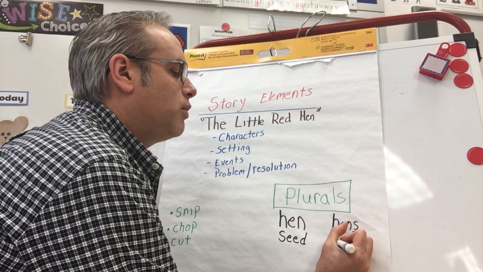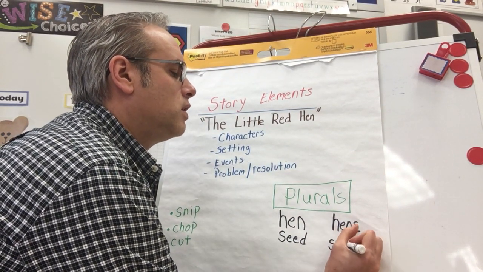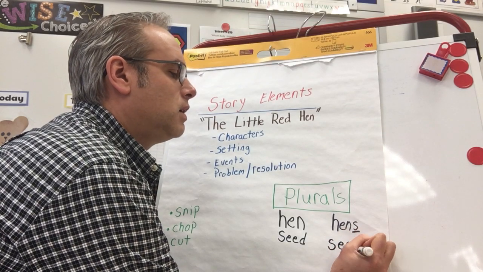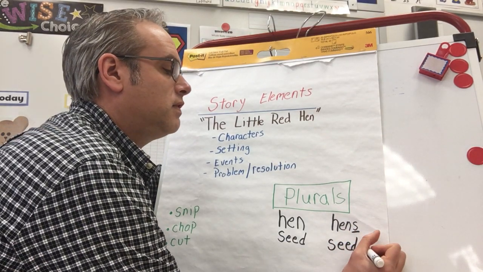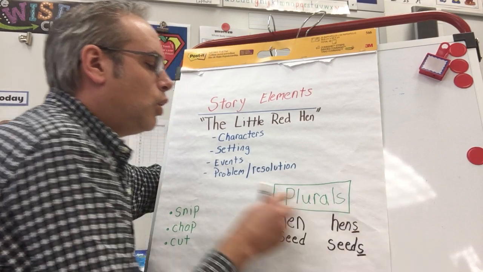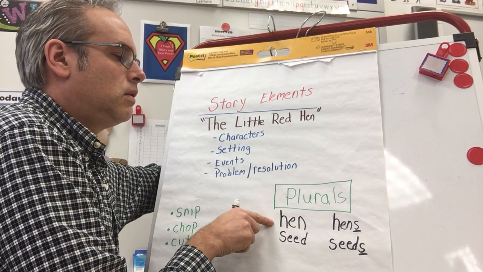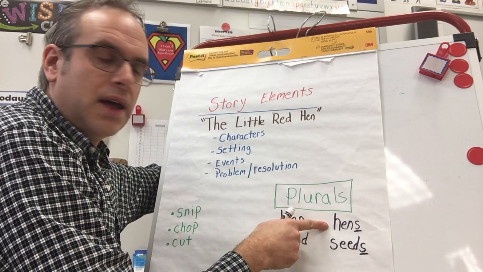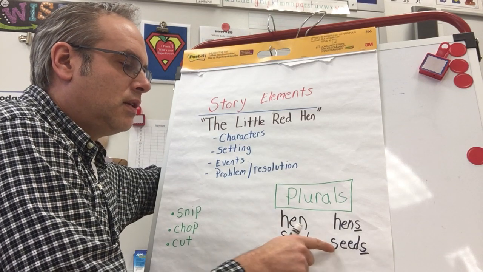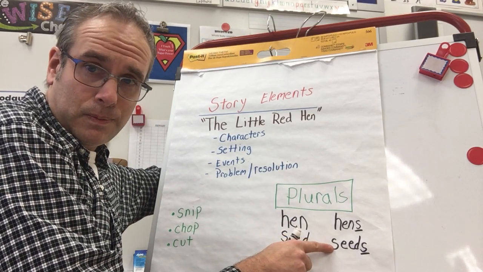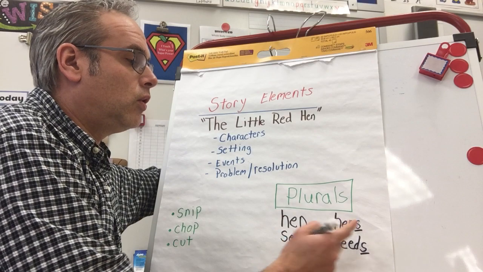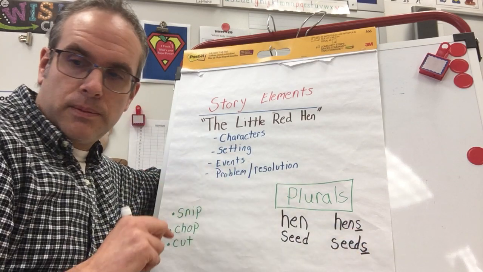And to show that with your writing, you add an S to the end of a word. So I'm going to write seed again, but this time I'm going to put an S and I'll underline it. One hen, more than one hens. One seed, 10 seeds. So to show plural, you add an S to the end of the word.